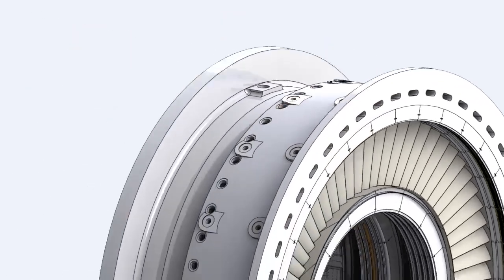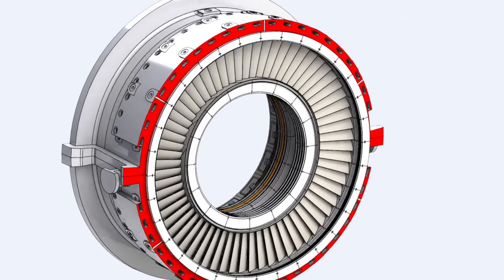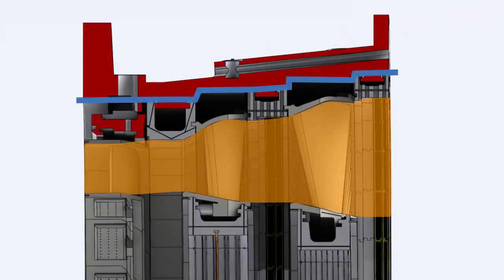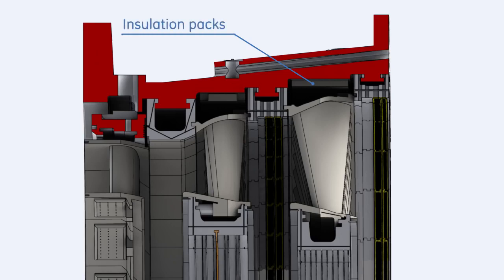This air is extracted from the compressor fifth stage and supplied to the third stage shrouds through 6 holes machined on the turbine shell. Combined with the assembly of the nozzles between shrouds, hot gases are kept away from the shell. Heat transfer from the nozzle segments to the shell is reduced by means of insulation packages.